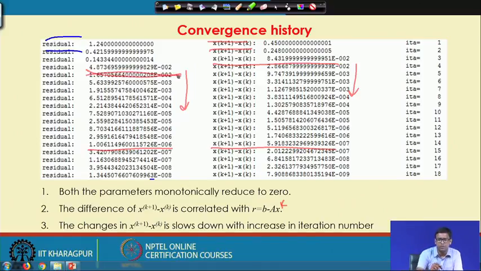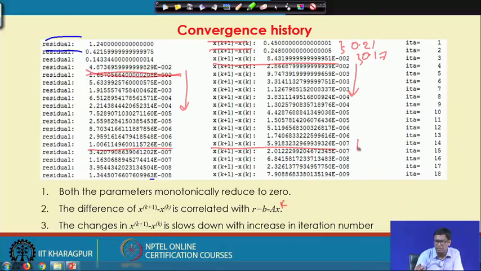Interestingly, the residual as well as this difference, their rate of slowing down is not reduced with time. For example, here this difference reduces by 0.21. In the next step, this difference reduces by 0.17, something like that.